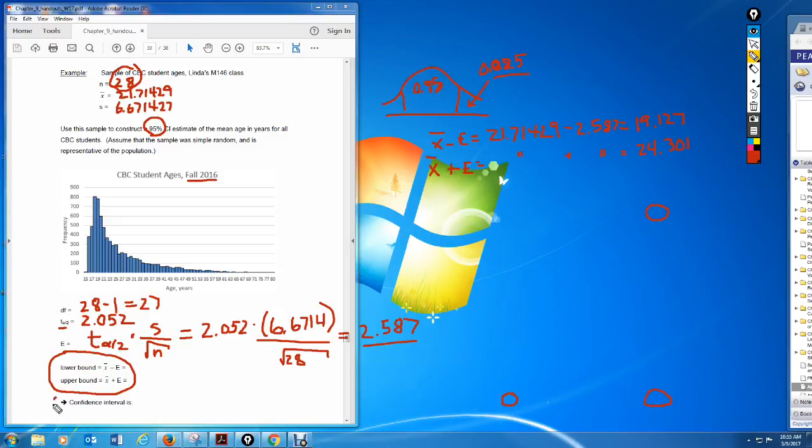All right, so then down here at the very bottom, this tells us that our confidence interval is from 19.1 to 24.3 years. All right, so I'm going to erase all this and go on to the next page. So pause if you need.